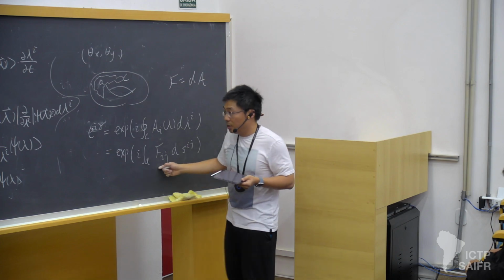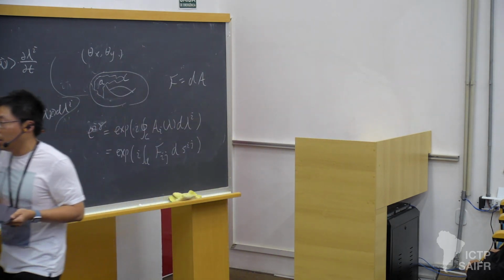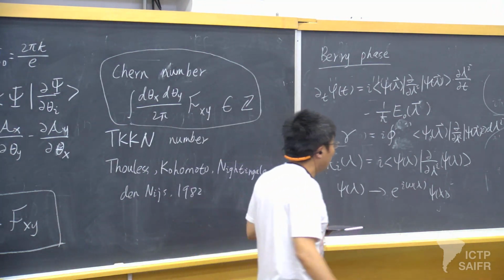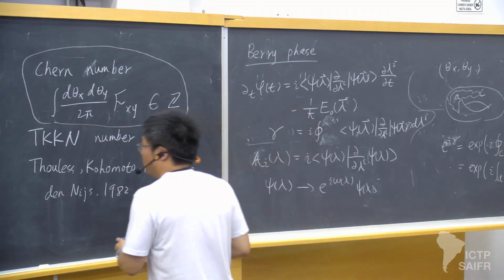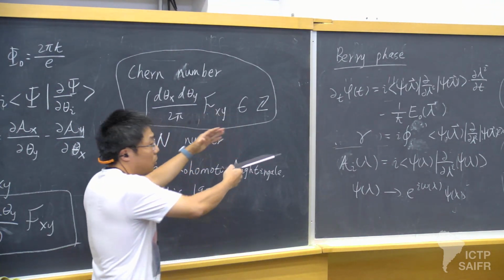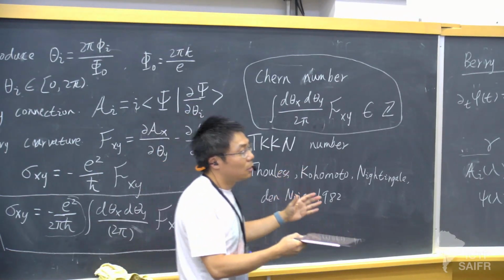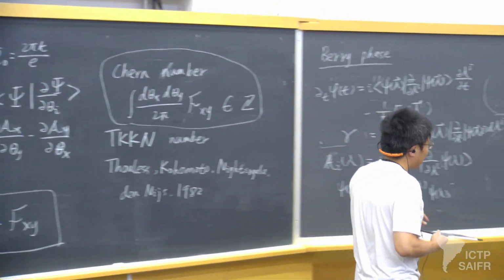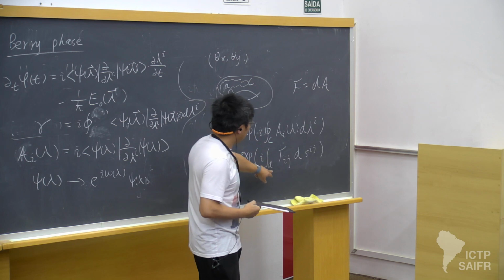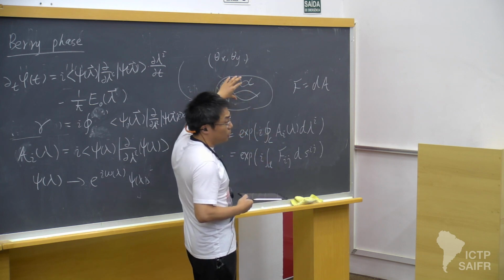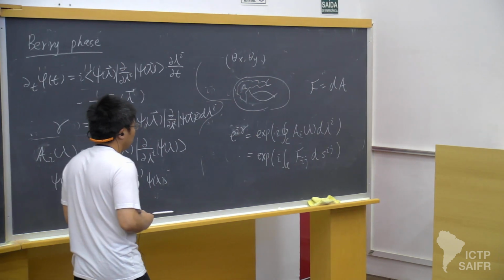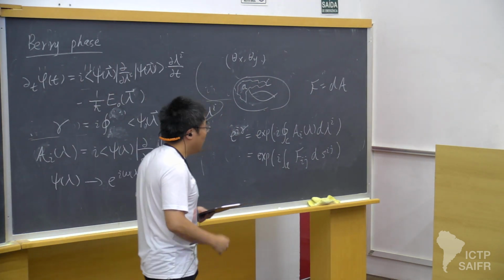So this is very close to the Chern number formula that we have here, right? But for the Chern number, what we have is the integral over the entire torus, right? But now the Berry phase is an integral over the region enclosed by the loop. Now comes the proof for the Chern number to be an integer, right?